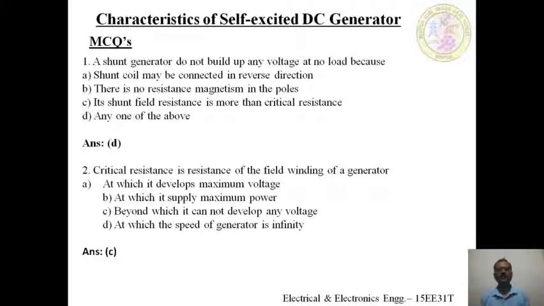Answer is C, beyond which it cannot develop any voltage. That is one of the conditions for voltage buildup of the generator. We have studied already, critical resistance is the resistance of the field winding of generator beyond which it fails to excite, it fails to build up its voltage.